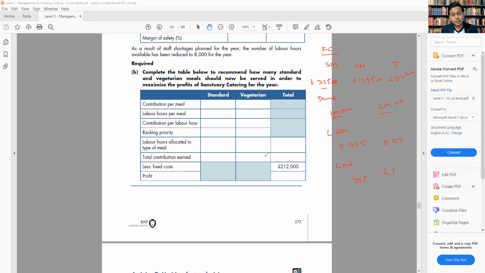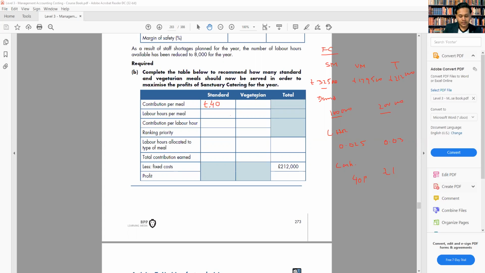If the vegetarian gives me more contribution, I will make the vegetarian first. So I'll look for which one gives me more contribution, and I will make a rank. I'll say rank 1, rank 2. That means I'm going to make that one first, then the next. So let's have a look. The first thing we're going to write is contribution per meal. For the standard, we have 40 pence per meal.